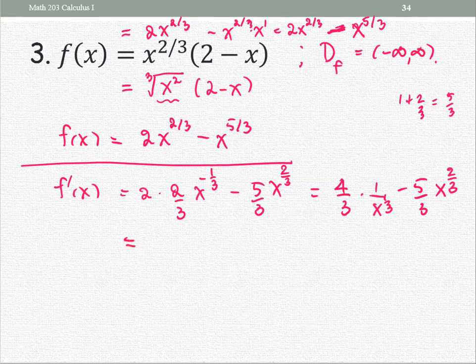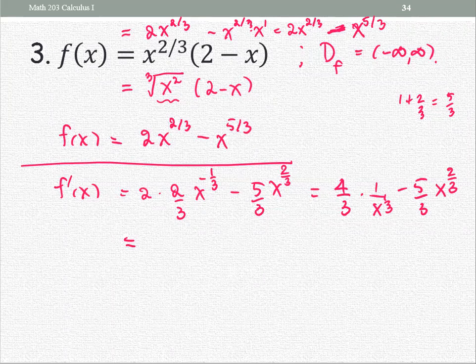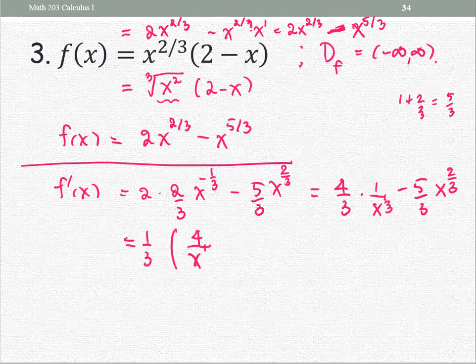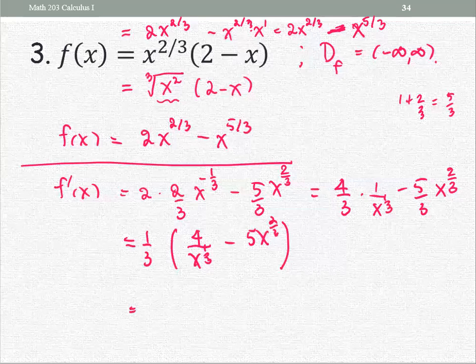Organizing the expression, I have 4 over x to the 1/3 minus 5 times x to the 2/3. The rational power is the one that might lead you to the wrong process, or your algebra can get messed up with this.